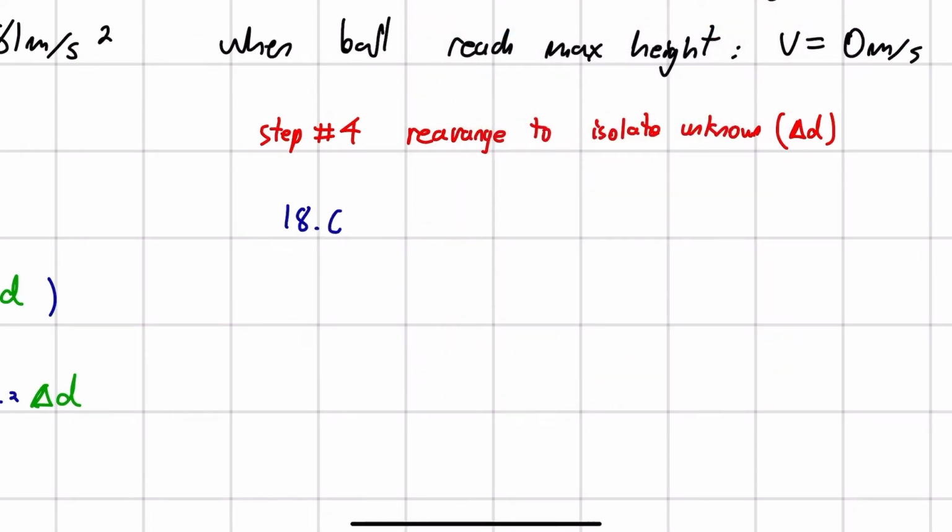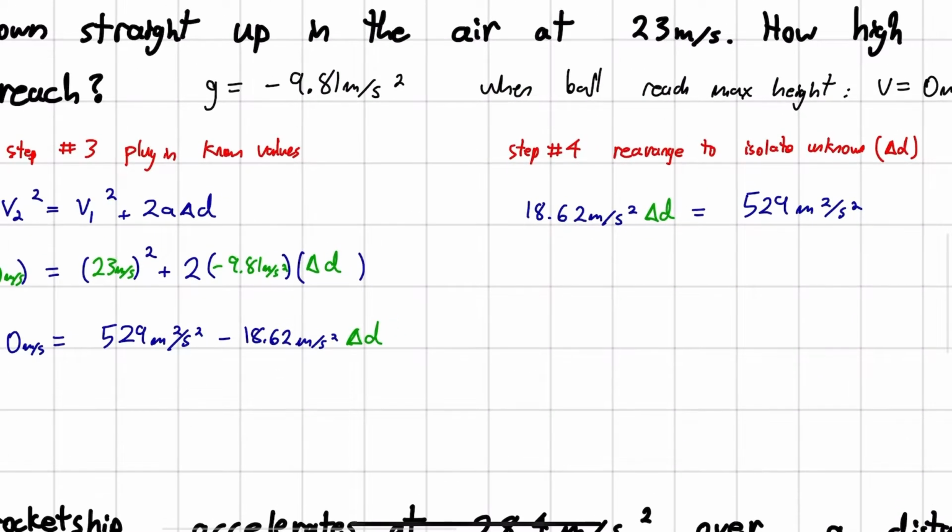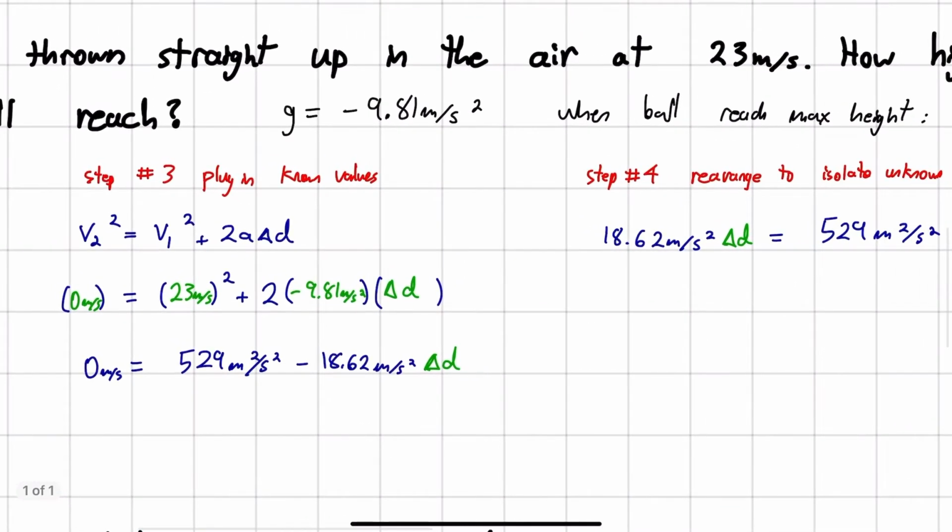So 18.62 meters per second squared, delta D is equal to 529 meters squared per second squared. So you can see what we did here. We moved this term onto the other side of the equation.